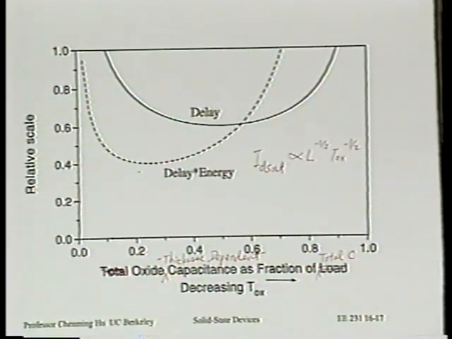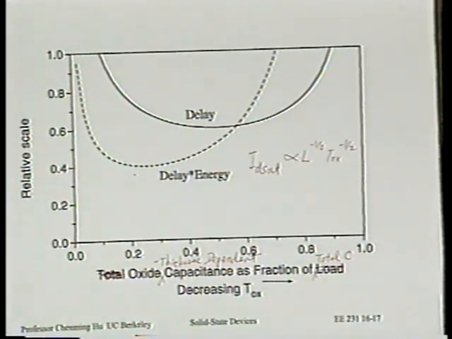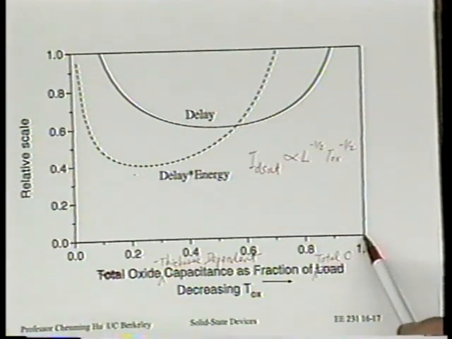Now, for example, if there were no interconnect capacitance, if all the capacitance is dependent on oxide thickness, which of course is nonsensical because there's always some junction capacitance, something like that. But in that very special case, what are we saying here? Well, I guess that means we don't have any choice. So this is not interesting.